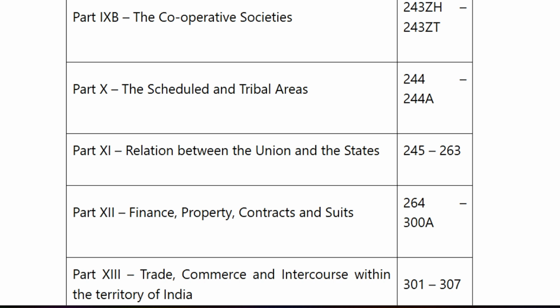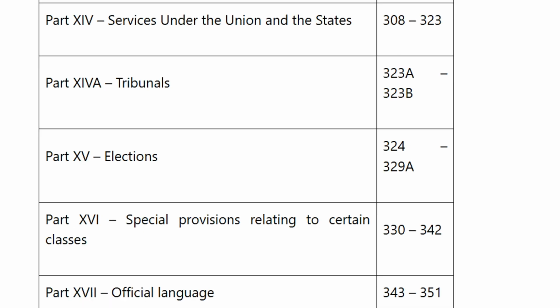Part 12, finance, property, contracts, and suits: 264, 300A. Part 13, trade, commerce, and intercourse within the territory of India: 301 to 307. Part 14, services under the Union and the States: 308 to 323.